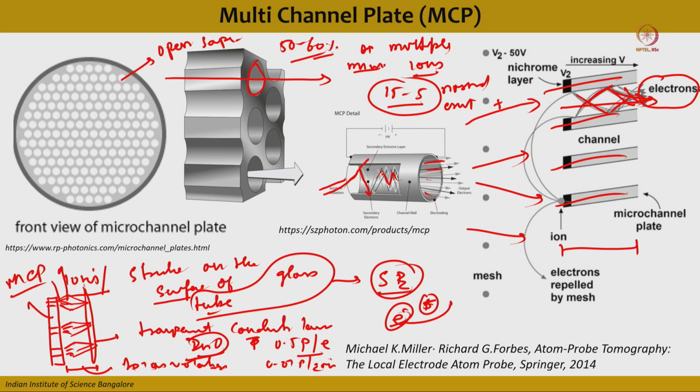So with this I will end this class now. I hope you understood the importance of the instrumentation in FIM, and the basic things required to construct a proper basic FIM microscope.